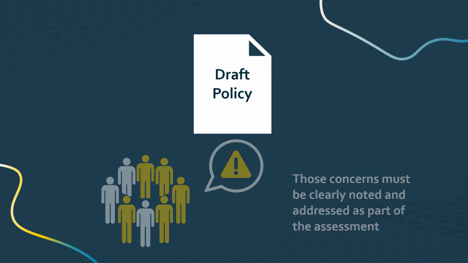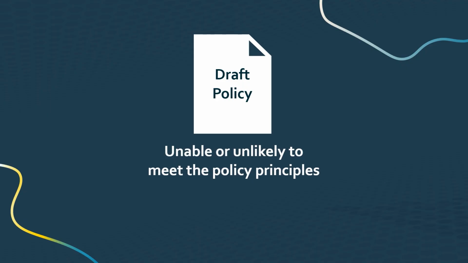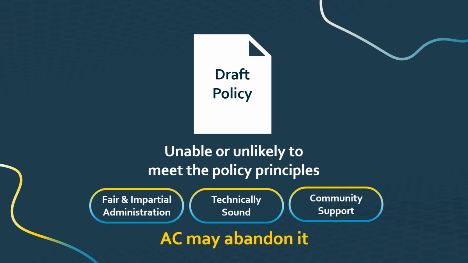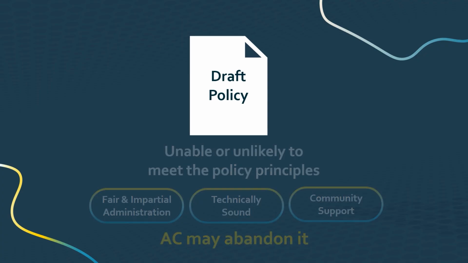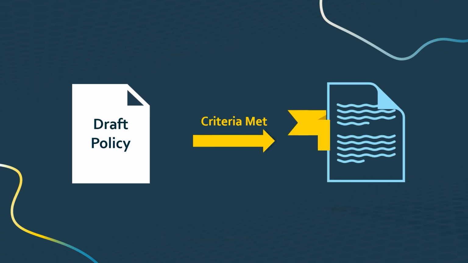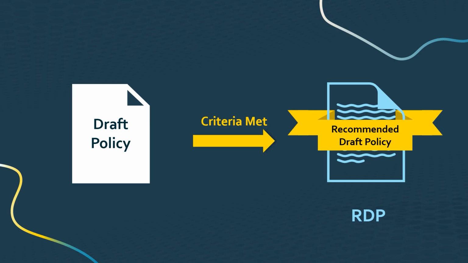If the draft policy is unable or unlikely to meet the policy principles, that is, enabling fair and impartial administration, being technically sound, and having community support, the AC may abandon it. Otherwise, once the criteria are met, the AC takes the crucial step of advancing the policy to a recommended draft policy, or RDP.